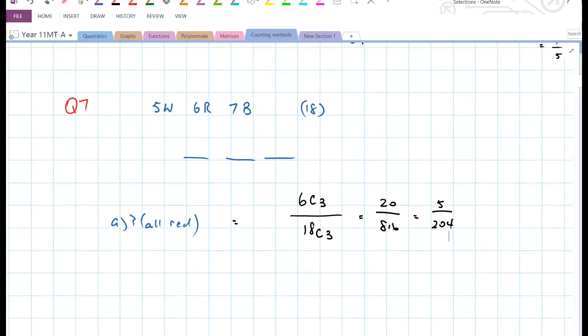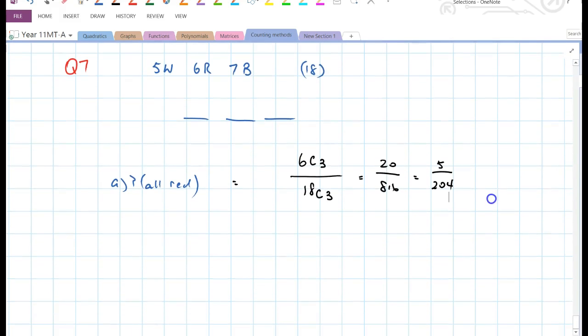Part B, all different colours. So now in part B we want the probability all different. What that means is one of each. Order doesn't matter. So we want 1 white, 1 red and 1 blue.